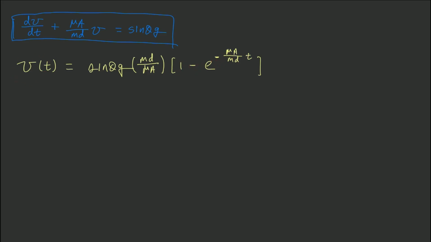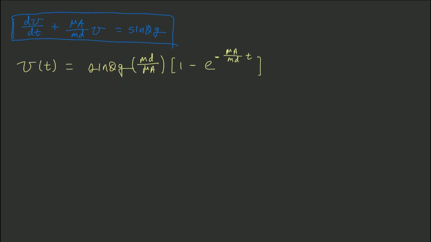So the block starts from rest as it should. At t equals infinity, this term is 0, so this difference is maximized at 1. So at infinite time, at steady state in other words, the system has reached its maximal or terminal velocity, which is just equal to sine theta g times m d over mu A.